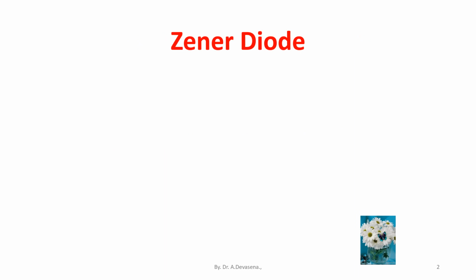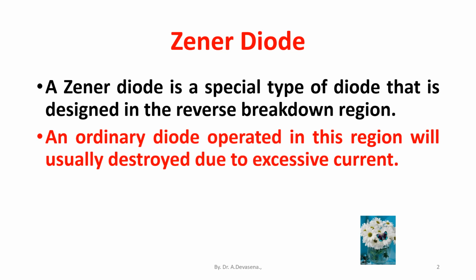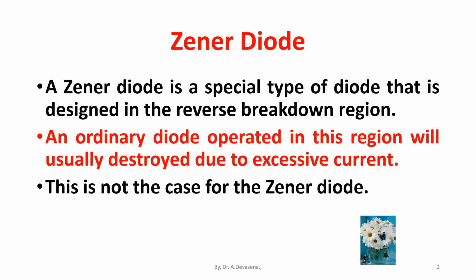Zener diode. The Zener diode is a special type of diode that is designed to operate in the reverse breakdown region. An ordinary diode operated in this region will usually be destroyed due to excessive current. This is not the case for the Zener diode.